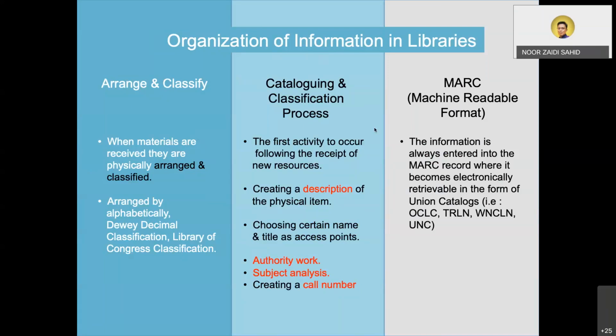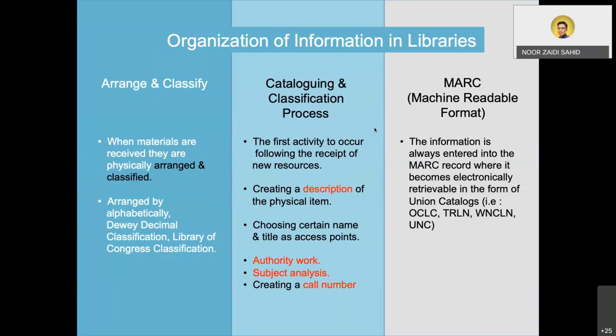So dua perkara ini adalah primary key to retrieve or to search for the information collection. Biasanya dia gunakan apa? Nama. Nama apa? Nama pengarang. Tetapi dalam setengah kes kita tak boleh menggunakan nama. Contohnya if the books or publication being published by corporate bodies, contohnya nama-nama korporat.